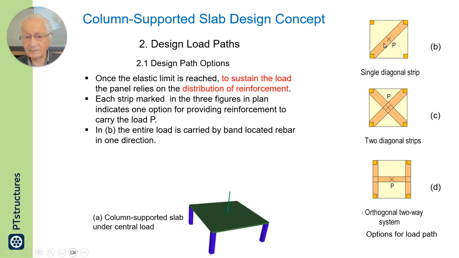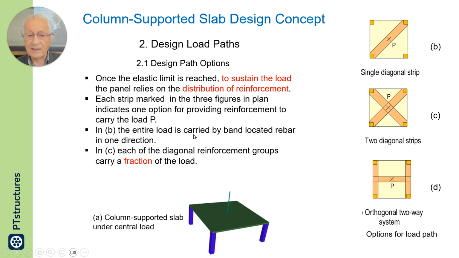In B, the entire load is carried by band located in one direction. Now in C, each of the diagonal reinforcement groups carry a fraction of the load. In the first, we had the entire by one direction.